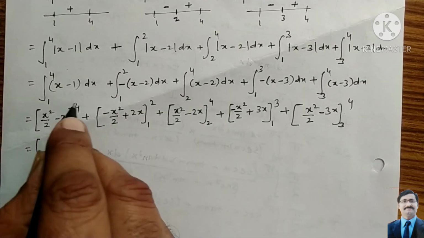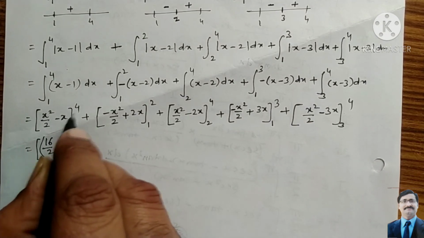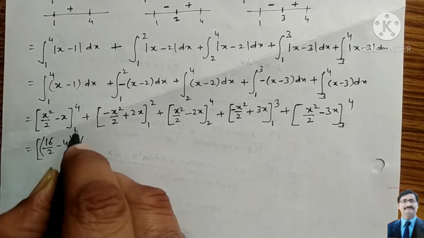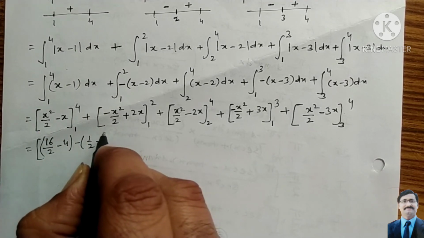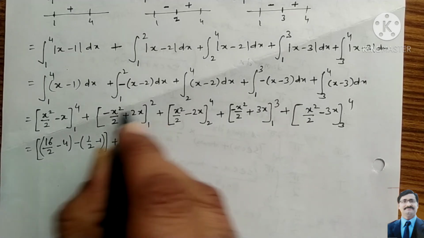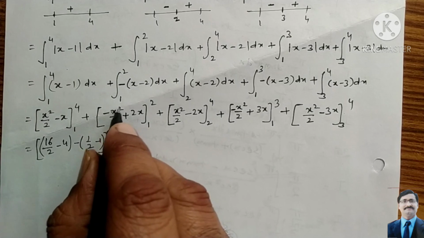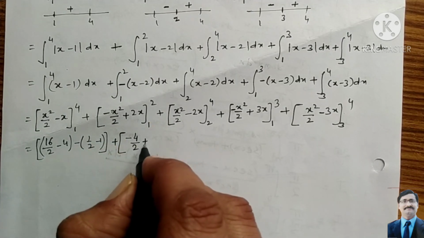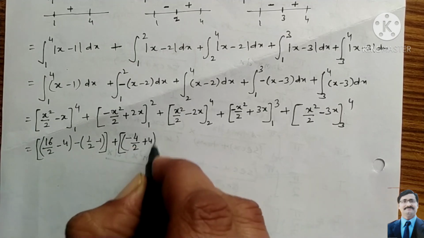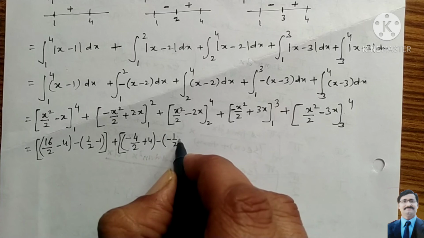Now we will put first 4. 4 square is 16, 16 upon 2, and minus 4, and then we put 1, so we get 1 upon 2 and minus 1. This is the first limit completed. Now for 2: 2 square is 4, minus 4 upon 2, we get 4 upon 2 minus 4, and then we put 1, minus 1 upon 2 and 1 we put here 2.